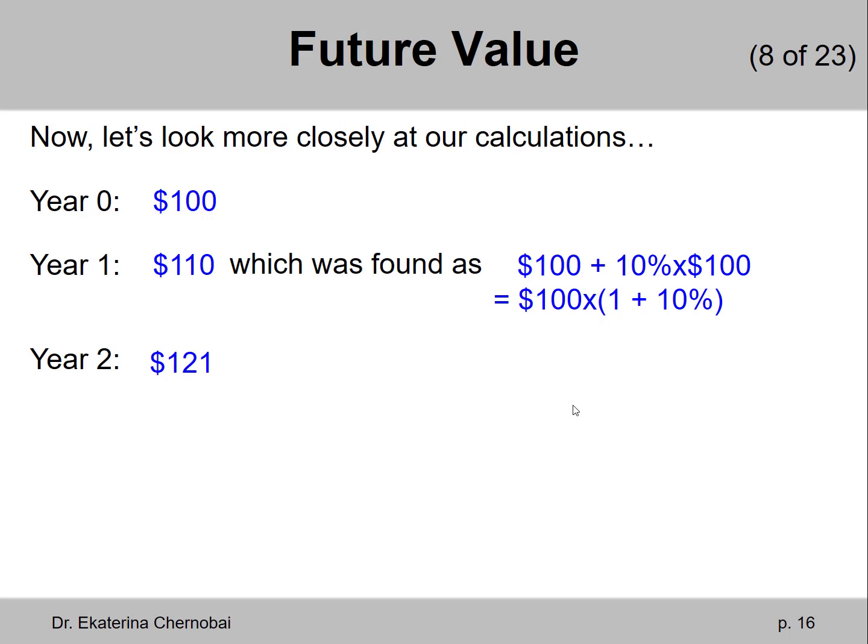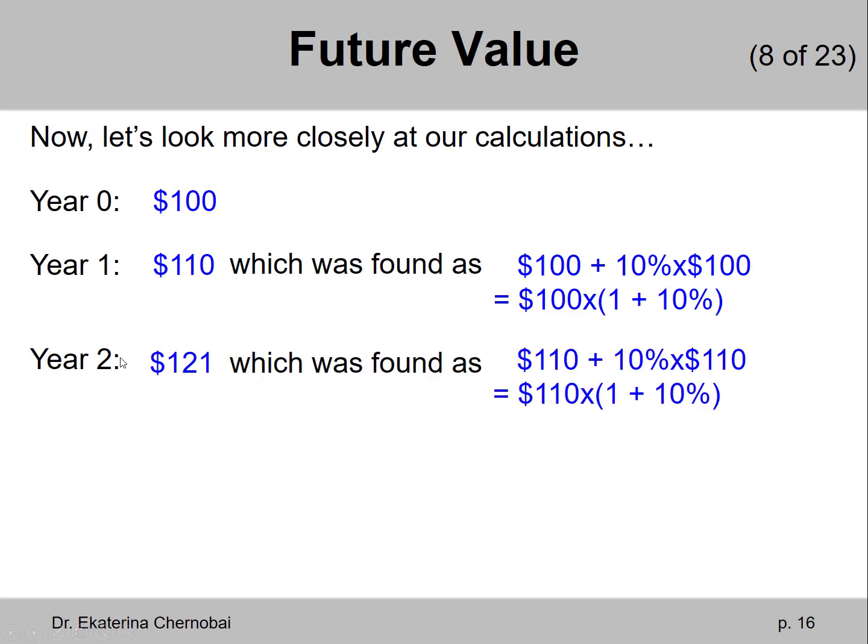Mathematically, we can rewrite it. So in order to not repeat $100 twice, we factor it out. So we write it only once, and then we multiply by 1, which is what's left from $100, plus 10%, which is what's left from 10% times the second $100.